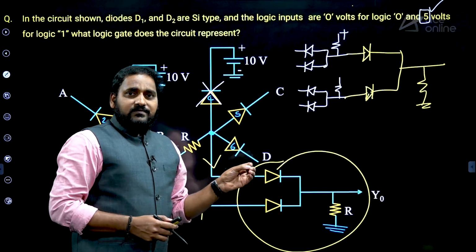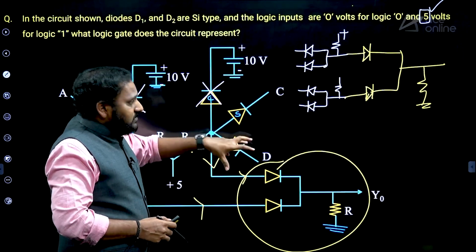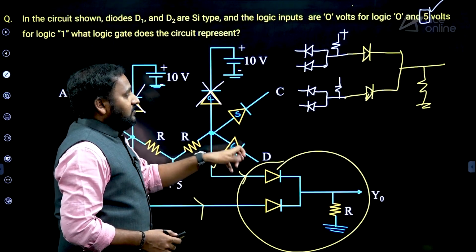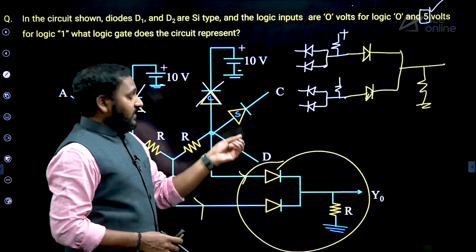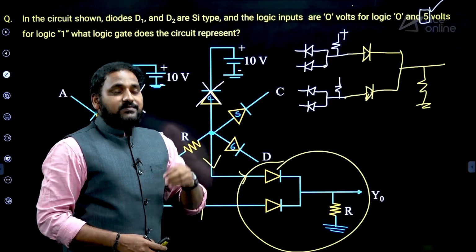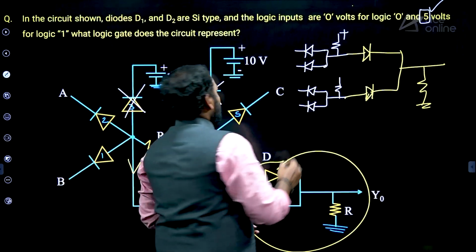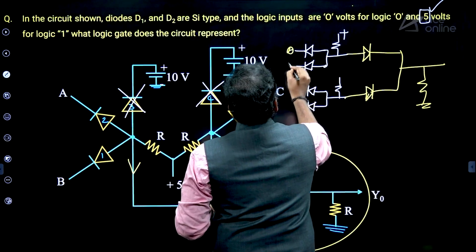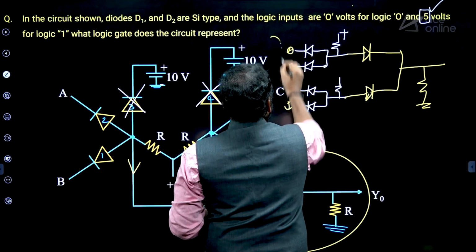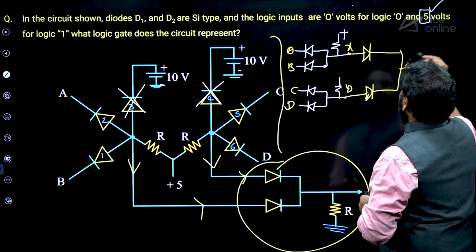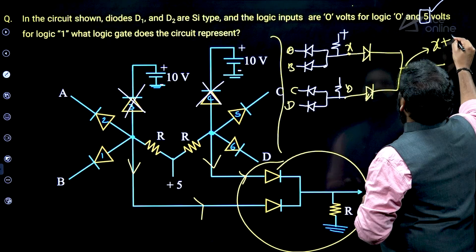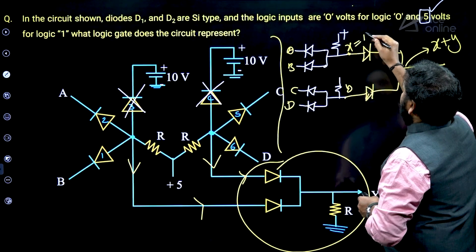Same thing. Even if you find n number of problems in this particular topic, you will repeatedly find similar questions only. But by changing the circuit construction, they will try to confuse. So if it is AB and this is CD, output is, assume it is X and Y, output is X plus Y. What is the X?